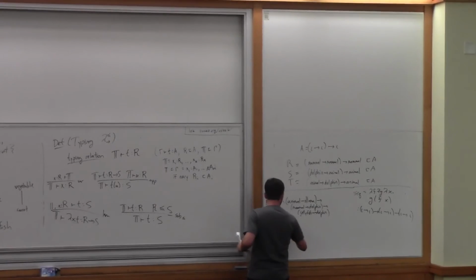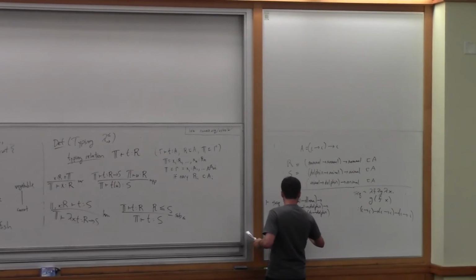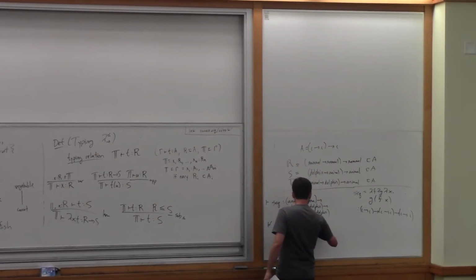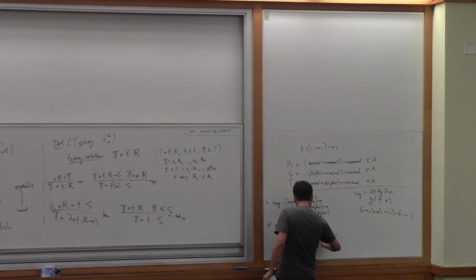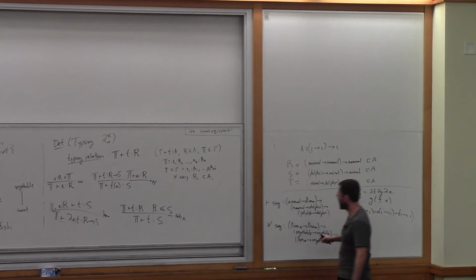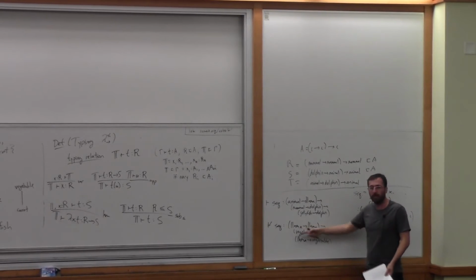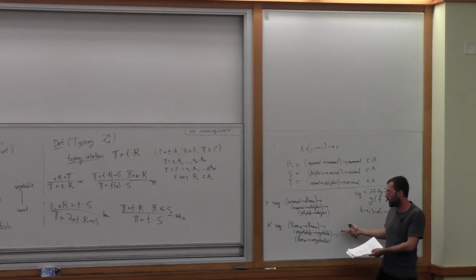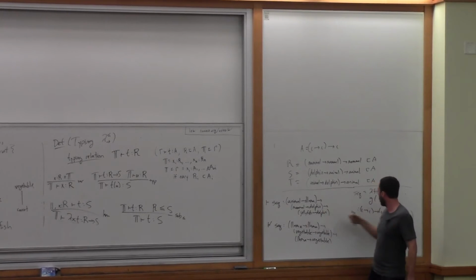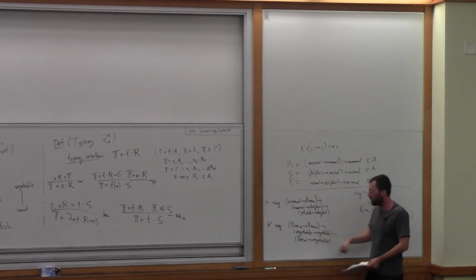But then this, we can't show. I'll let you think about why this works out if you want to. We can't give sequential composition this more precise type because, if we assume that F takes llamas to llamas, and that G takes vegetables to vegetables, we can't compose them. We can't get this type.